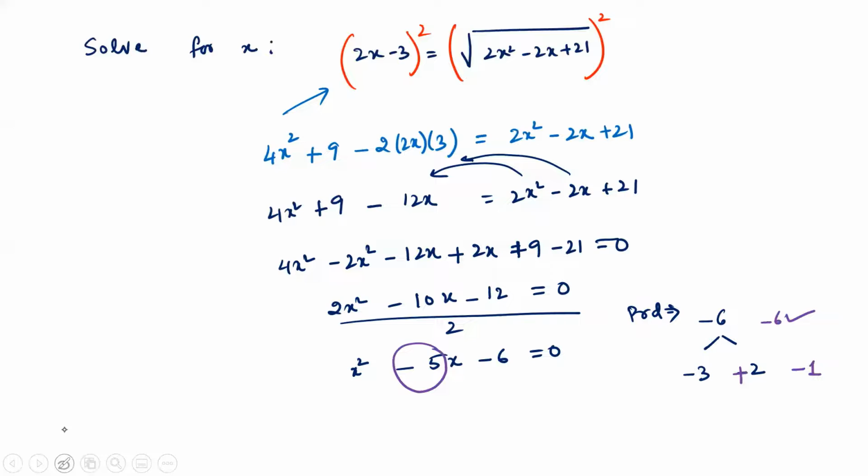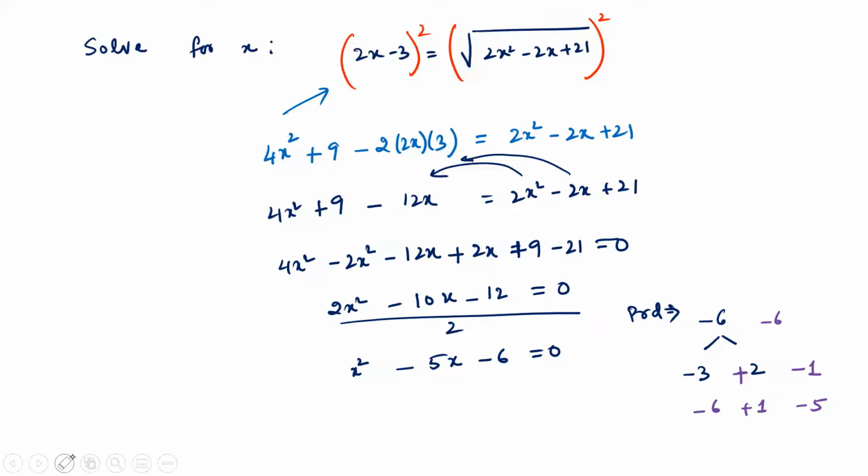Minus 6 and 1 as factors. So you're taking minus 6 plus 1, which will give you minus 6 as the product. Perfect. And minus 6 plus 1 will give you minus 5. Yes. I hope how to take the factors and how to check the sum and product condition is clear.